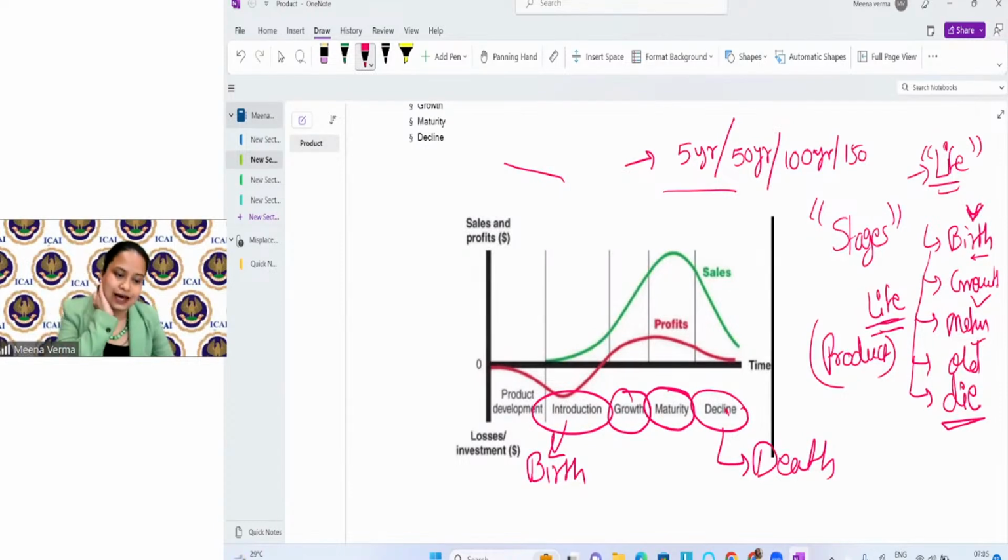In this chapter we will study that every product has a product life cycle. During it, the product passes through different stages, and under these stages it may face different threats and have different strengths.